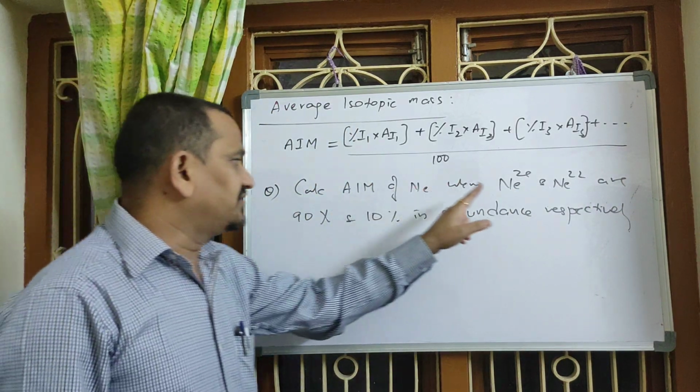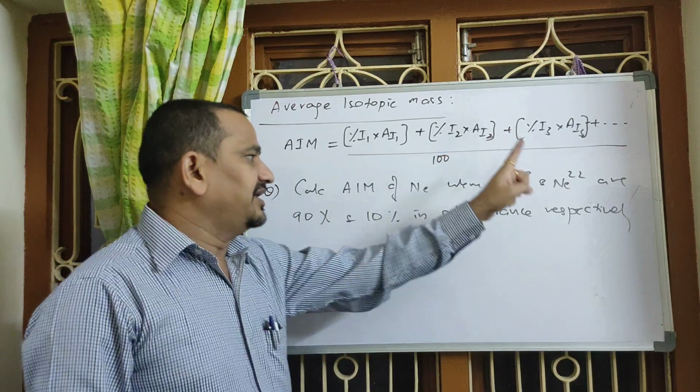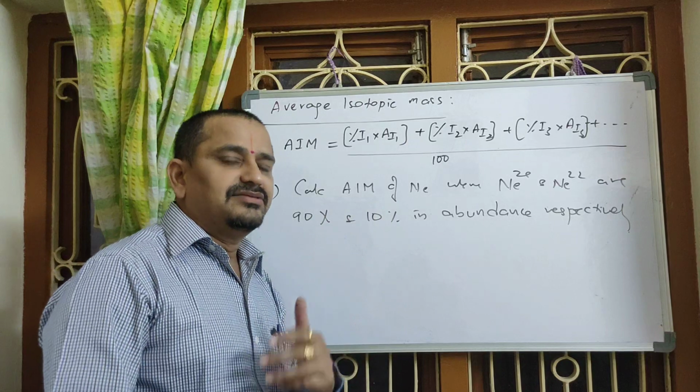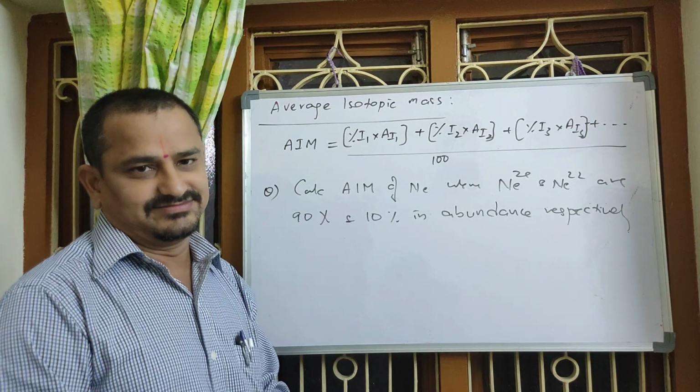Neon 20 is 90%, neon 22 is 10%. Then what will be the average isotopic mass?